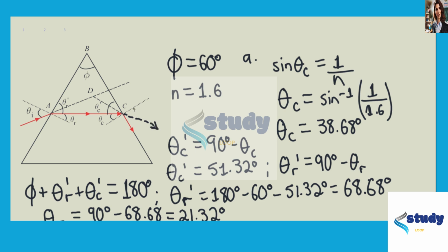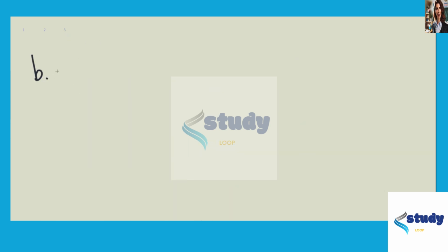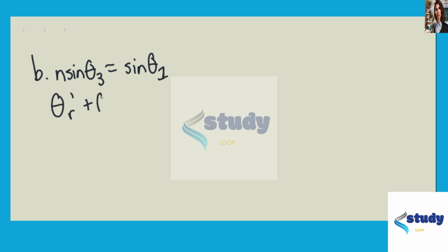And this angle right here would be considered theta sub 1. So for part B, we have that n sine theta sub 3 would be equal to sine of theta sub 1. And so we can say that theta sub R prime plus theta sub 3 prime plus phi equals 180 degrees, the total angle measure in a triangle.